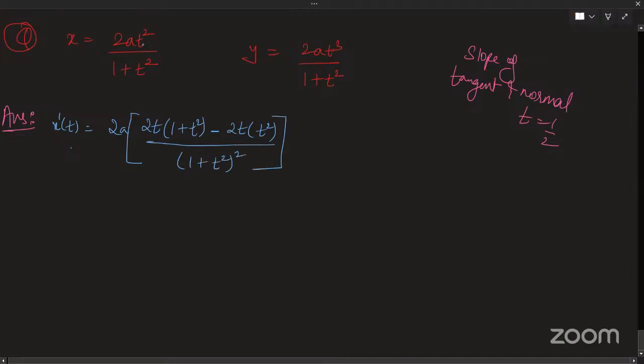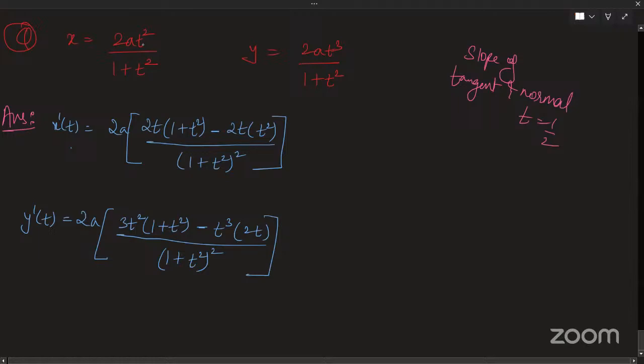Correct? Now y dash t is 2a into differentiation of top into bottom as it is minus top as it is into differentiation of bottom, whole divide by bottom square.